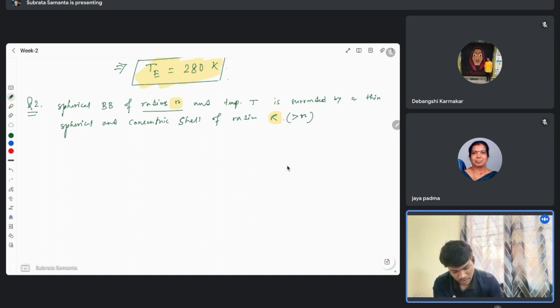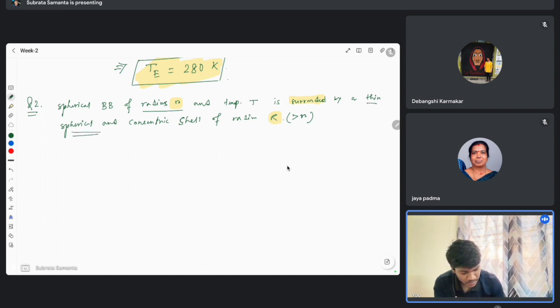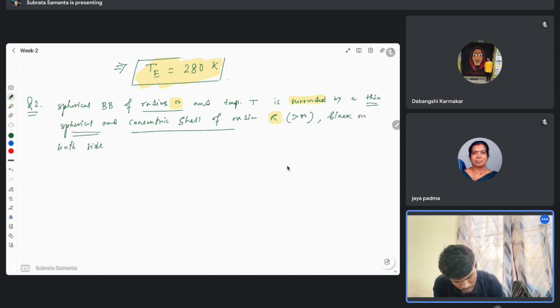That means it surrounds the body, right? Yes, and it is black on both sides. So this thin spherical shell is black on both sides.